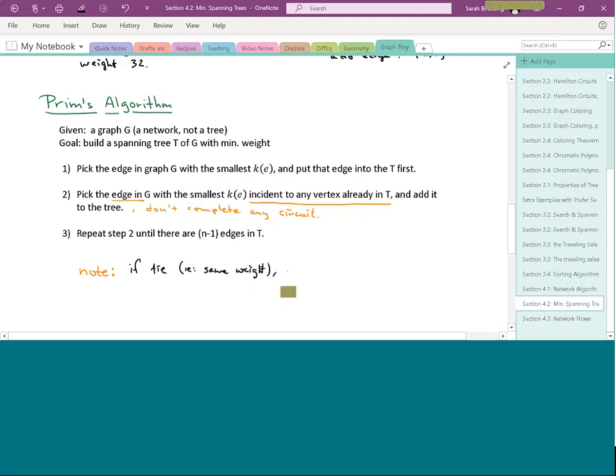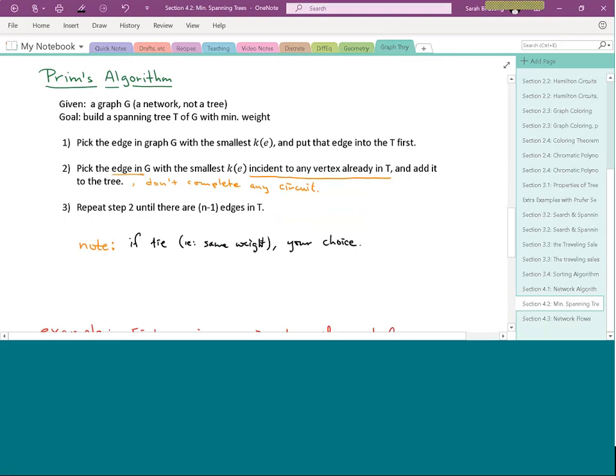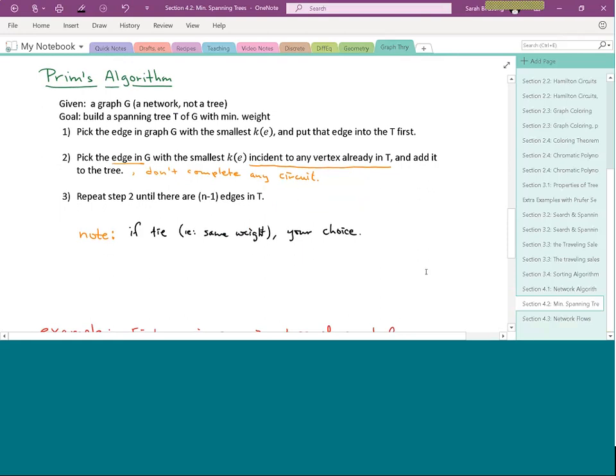Your choice. Okay. And that's why, again, with Prim's algorithm, there's not a unique answer. There's not only one spanning tree that'll come out of Prim's algorithm just because you've got some choice built in if you've got multiple edges with the same weight.